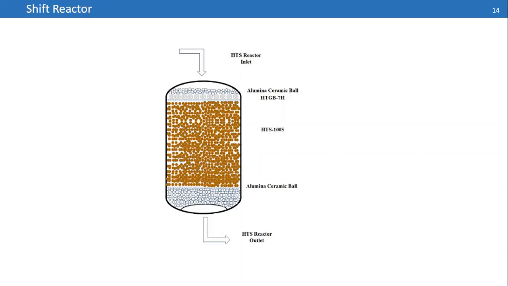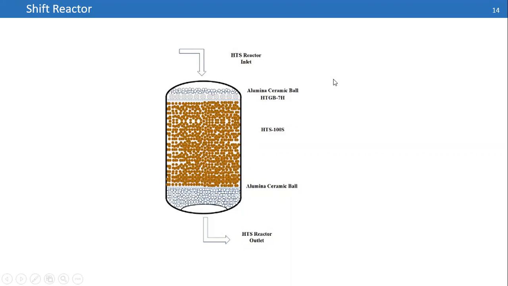But how can we reduce that 3% in the outlet? We define a lower temperature reactor. If you draw conversion versus temperature, you see a decrease, and if you decrease temperature, you have higher conversion in the case of exothermic reactions.